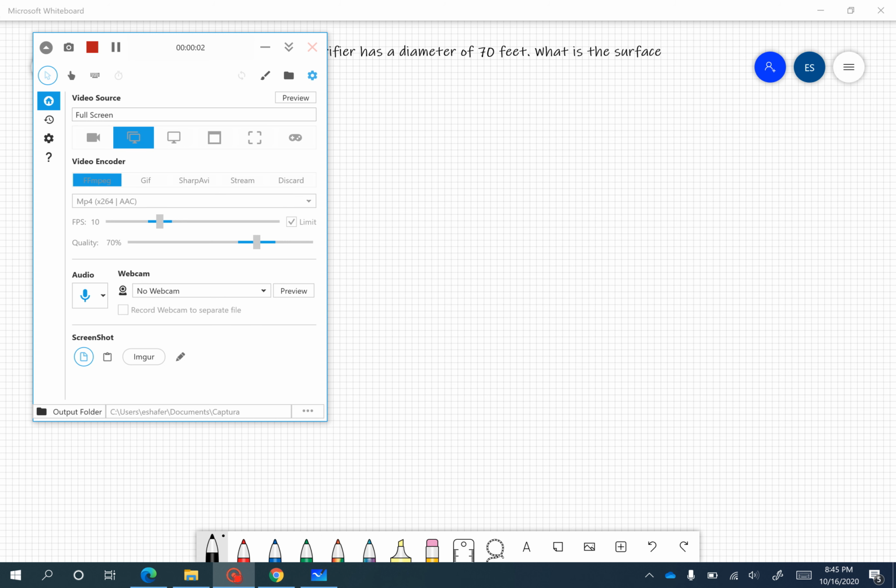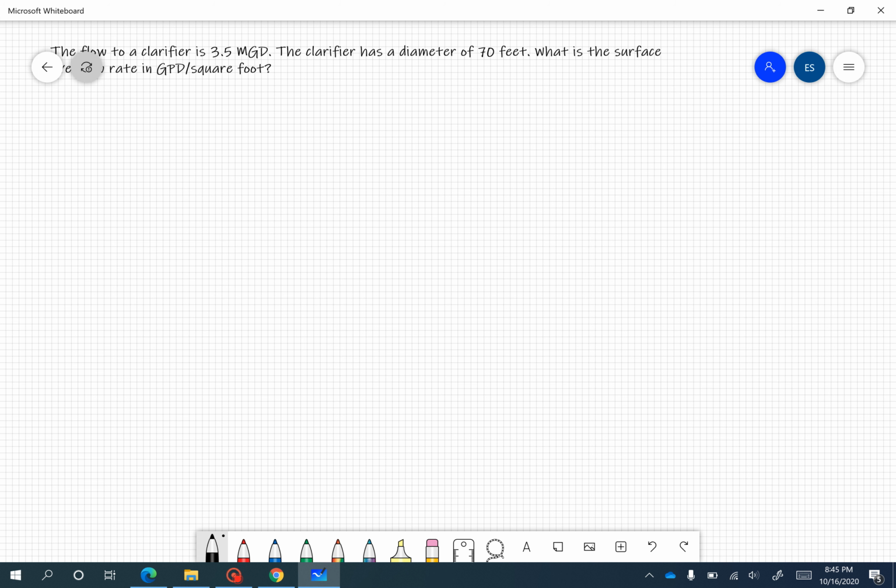All right, moving on to surface overflow rate. The formula for this is pretty straightforward, and it's actually given in the problem. You're calculating gallons per day per square foot.